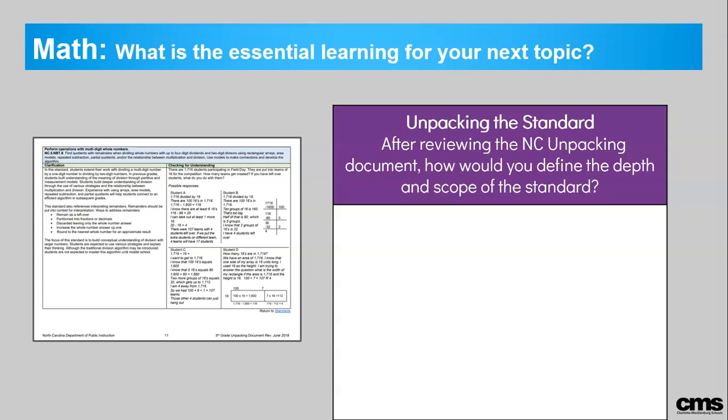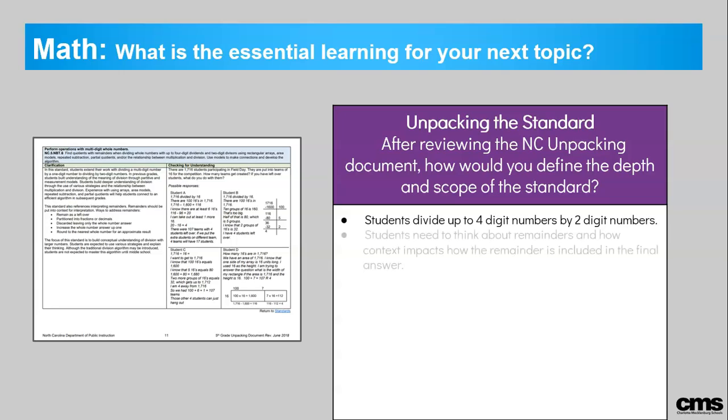Next, let's take a comprehensive look at the unpacking for NC.5.NBT.6. After reviewing the NC unpacking document, how would you define the depth and scope of the standard? Also reference the topic assessment and Step 2 in the CMS curriculum guide for Topic 5 to add additional clarity for what students should be able to do by the end of the topic. After reviewing the topic materials, I noticed students divide up to 4-digit numbers by 2-digit numbers.